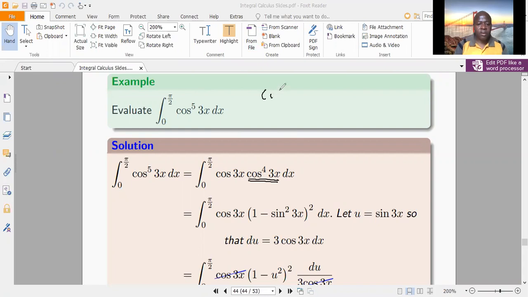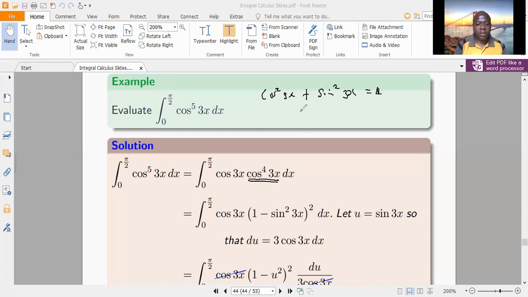We know that cos 3x squared plus sine 3x squared gives you 1.